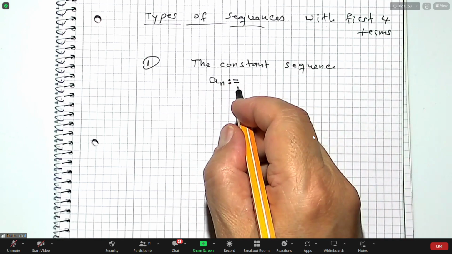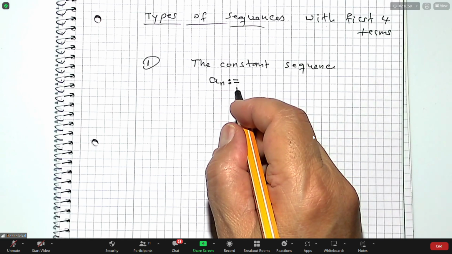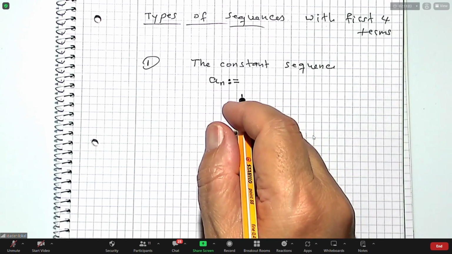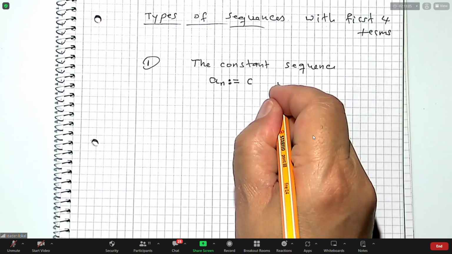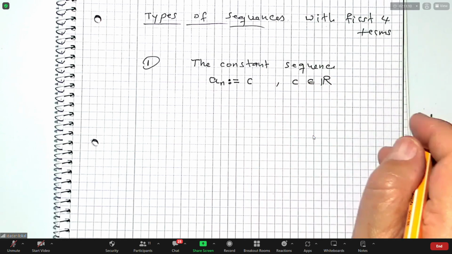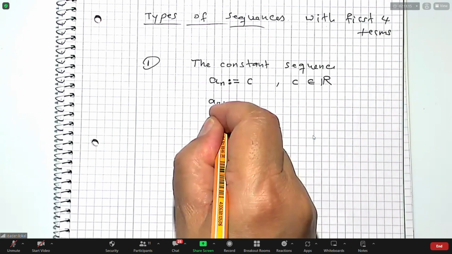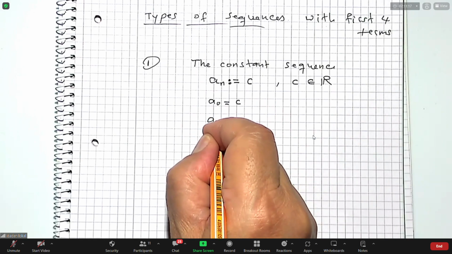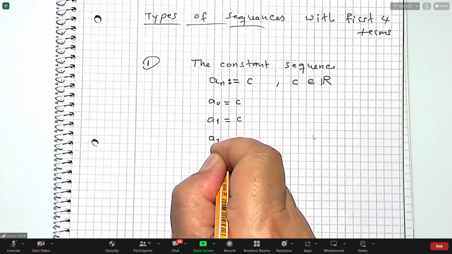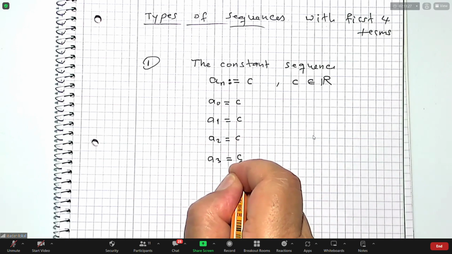In some literature, I also see equal with a subscript DEF for definition. So this means that it's defined as C constant, and C is any real number, 1, 2, 3. So the sequence here looks like, A0 is constant, A1 is the same constant, A2 is the same constant, A3 is the same constant, and so on.